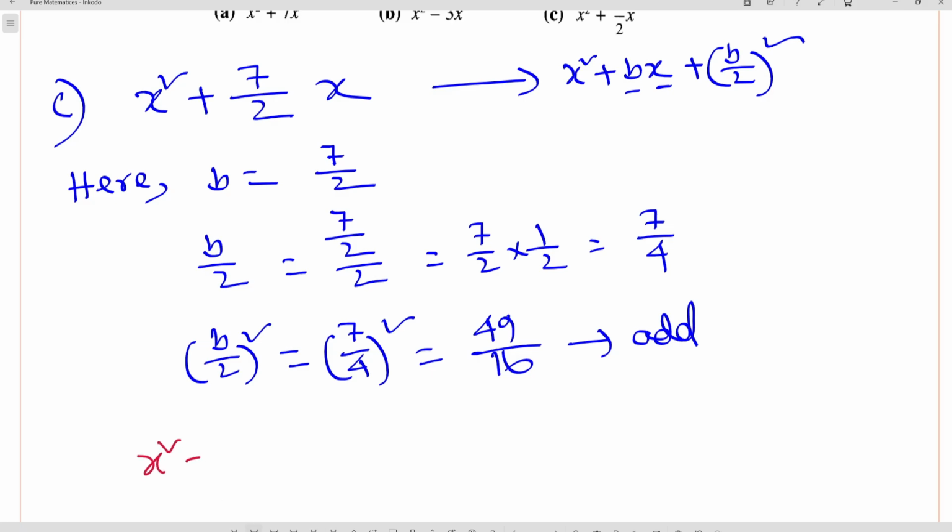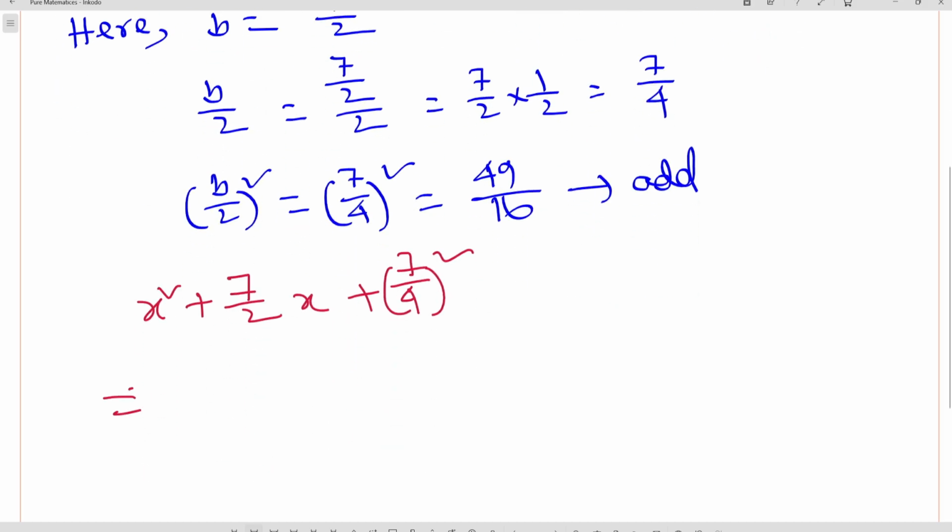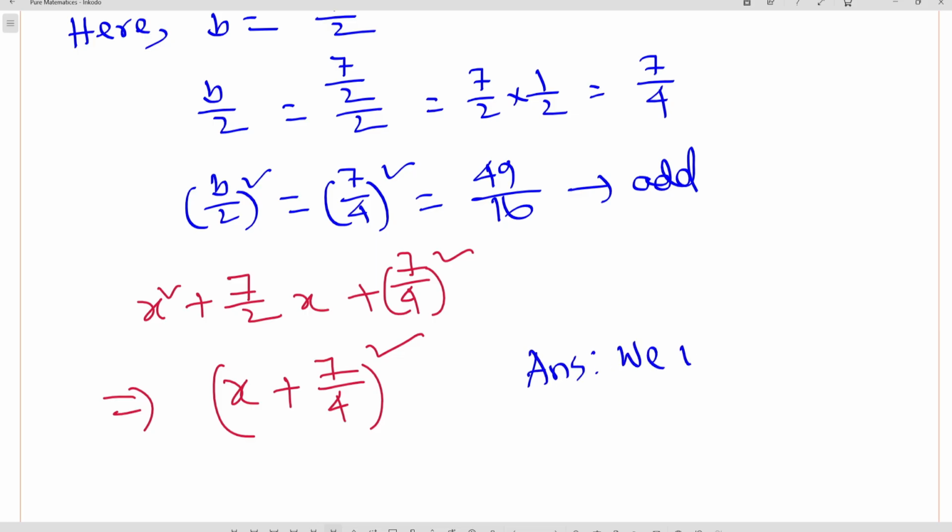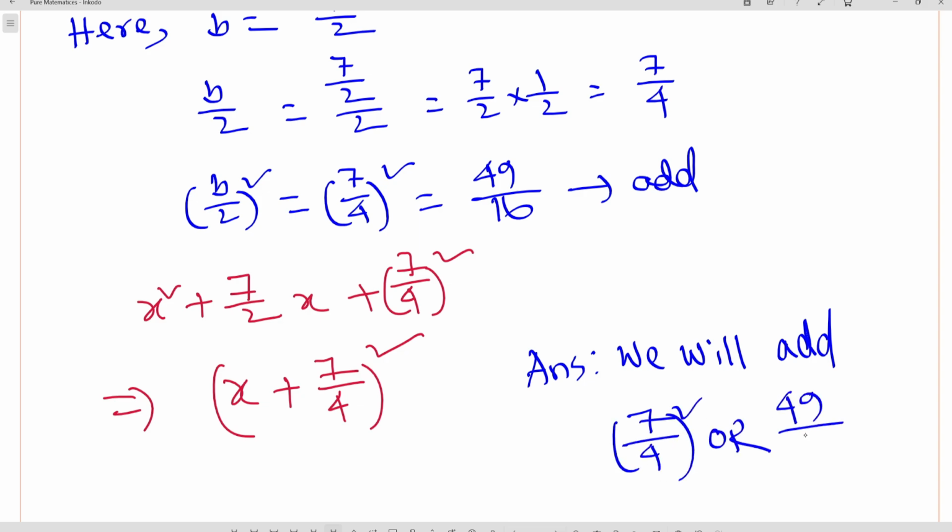It's x square plus 7 by 2 x plus (7 by 4) whole square. It means it will be a perfect square like (x plus 7 by 4) whole square. So what we will add? Answer, we will add (7 by 4) square or 49 by 16.